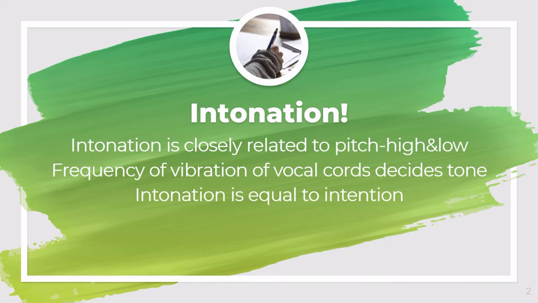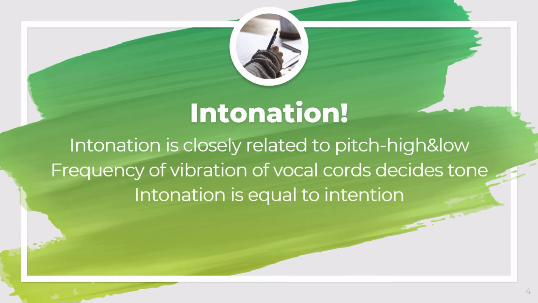Intonation. So when we talk about intonation, we necessarily talk about pitch of our voice. That means either high pitch or low pitch, which are roughly equal to rising tone and falling tone. As pitch is the principal property of intonation, the highness and lowness of our pitch is decided by the frequency of vibration of our vocal cords.